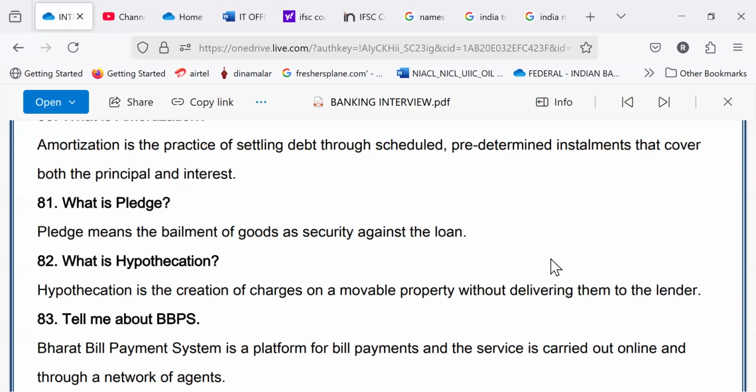When such a thing is pledged or hypothecated, the bank will ask for the particular property to be covered by insurance. Car means car insurance.